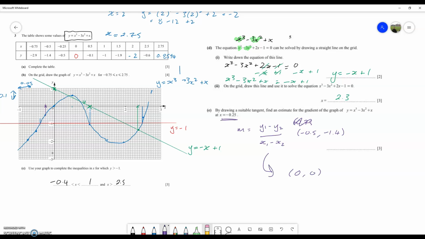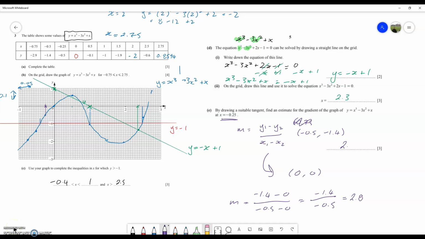So using that formula, substituting those two values in, the y is minus 1.4, take away 0, over minus 0.5, take away 0, which means our gradient is minus 1.4 divided by minus 0.5, which means our answer is 2.8.